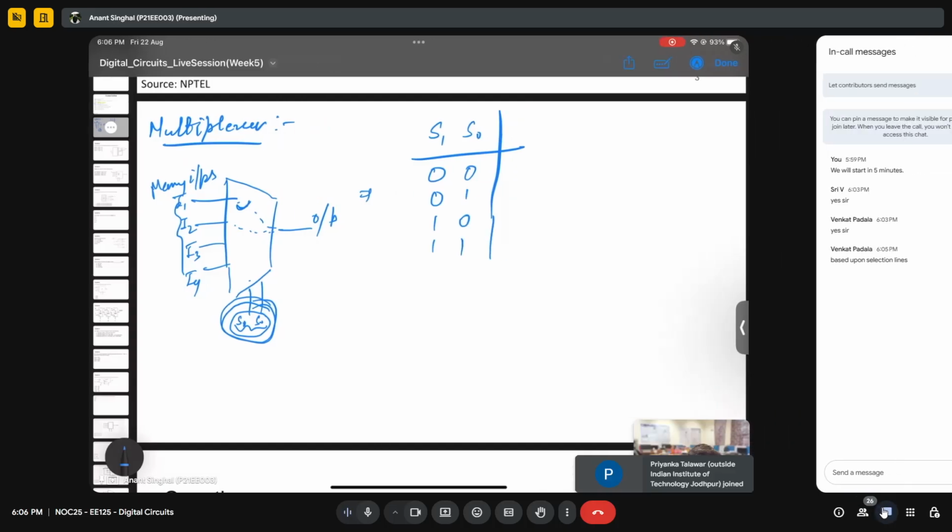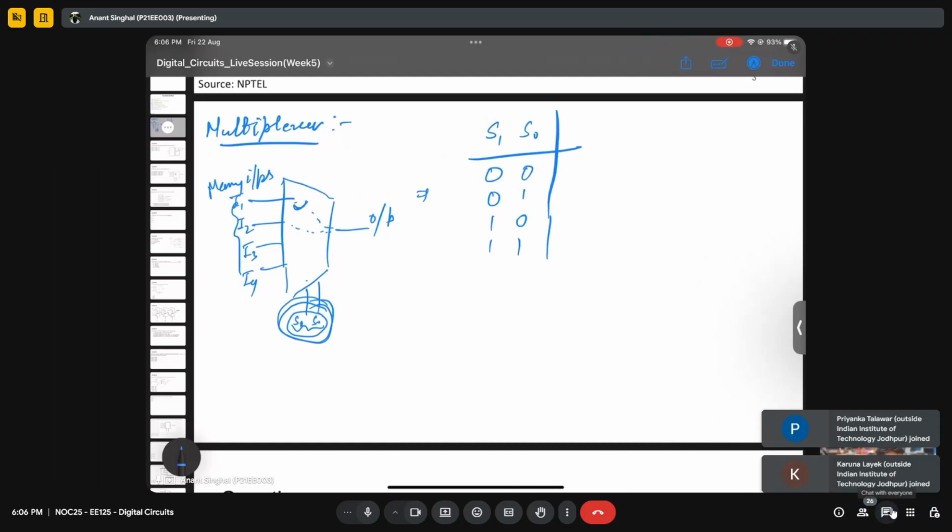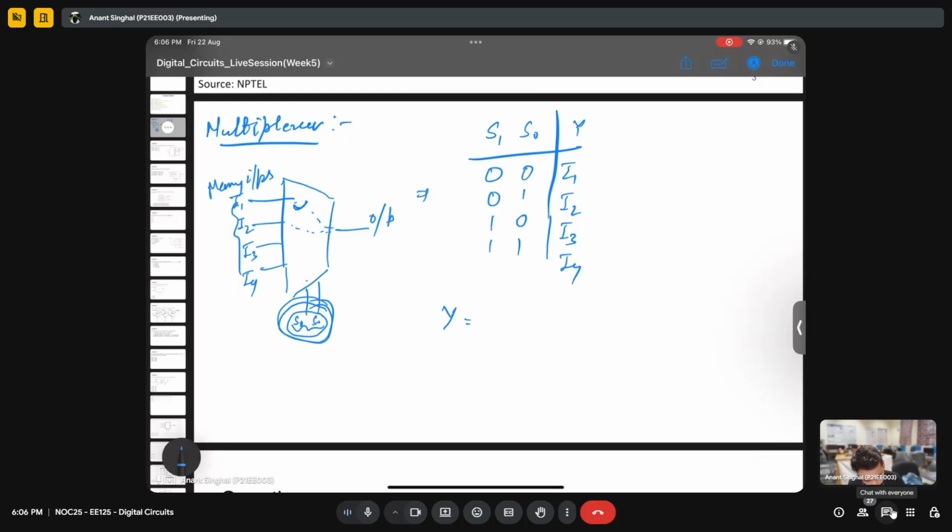Based upon the select lines, the inputs can be I1, I2, I3, I4. Understanding that, we can write the final expression as S1' S0' I1 + S1' S0 I2 + S1 S0' I3 + S1 S0 I4.